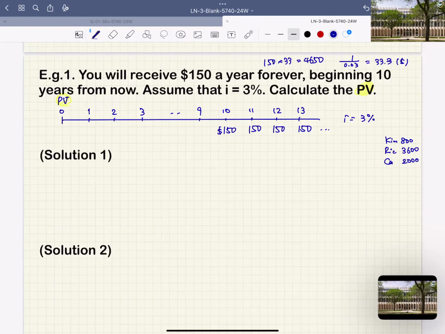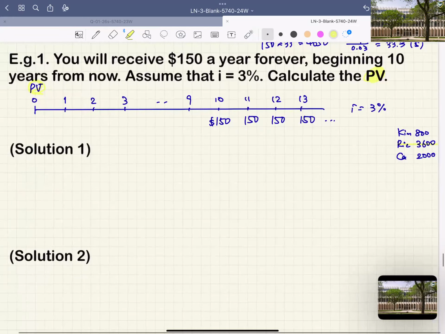But we miss the first 9 payments, which are worth $150 for 9 years, so 1,350. So maybe 1,300 less, approximately. So something similar to maybe $3,000. That is an appropriate answer. So maybe Richard made a good guess, maybe Caitlin. That's my guess.